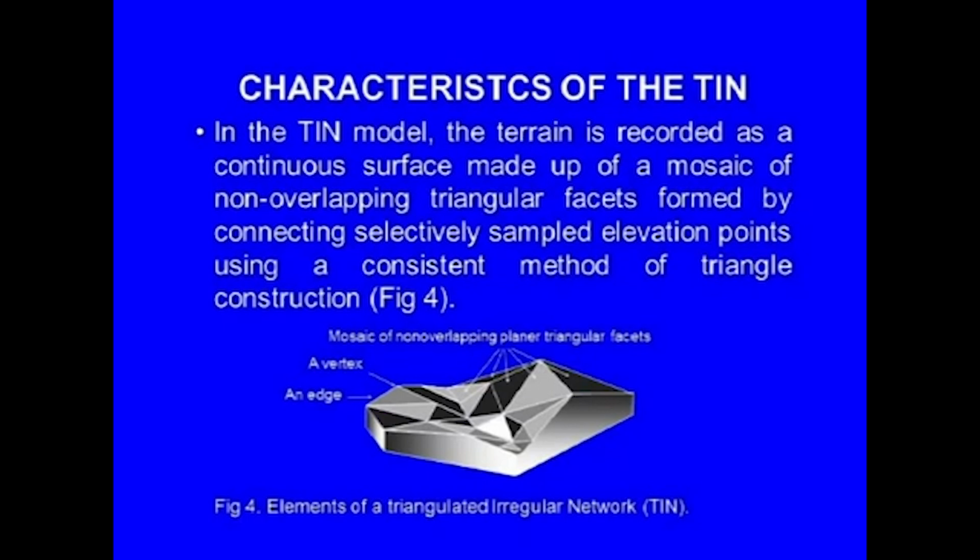This can be seen in the figure below, where one can see the elements of the triangulated irregular network, wherein the basic elements could be an edge, a vertex and a mosaic of non-overlapping planar triangular facets.